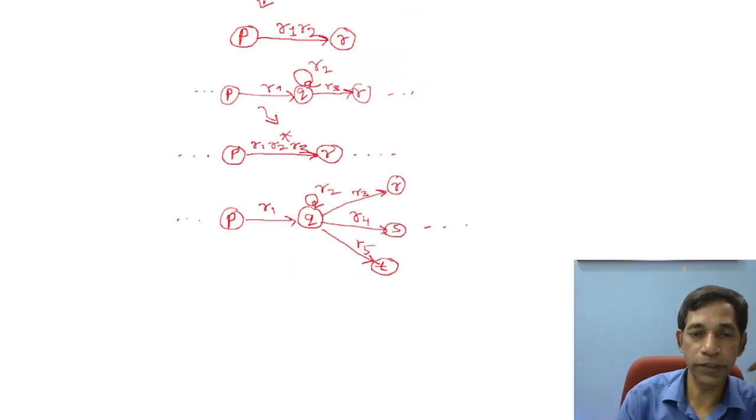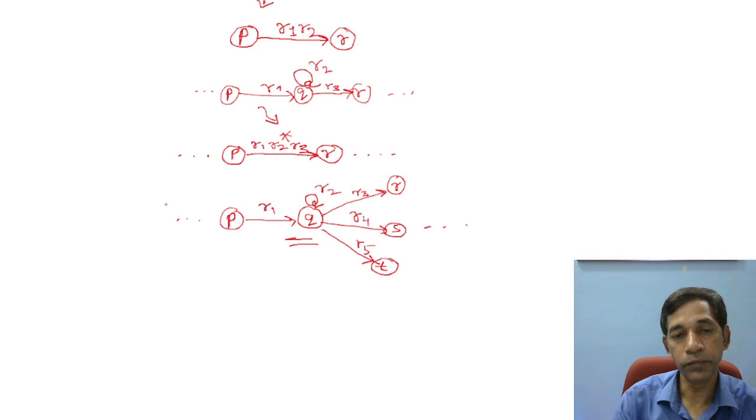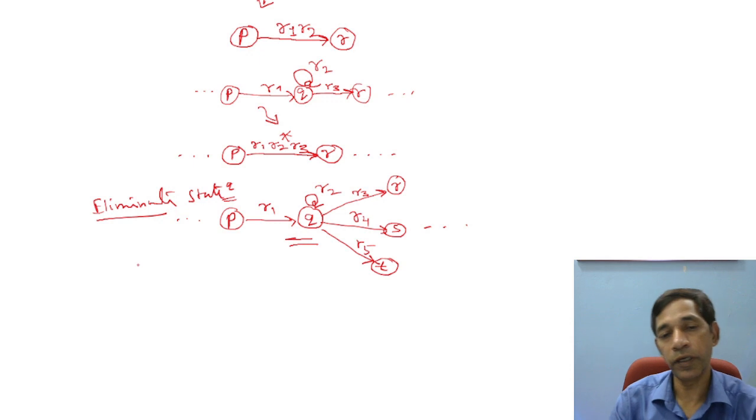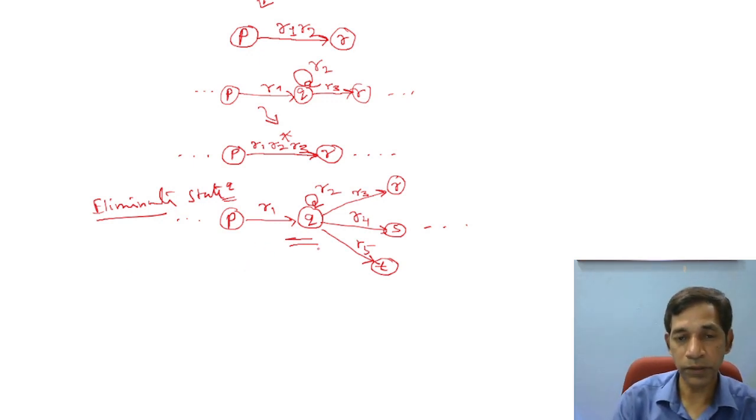So from this, how can you simplify, how can you eliminate the state Q? For the elimination, see what paths are going from Q. You have to remove this state Q, and once you remove it, you have to maintain the paths.